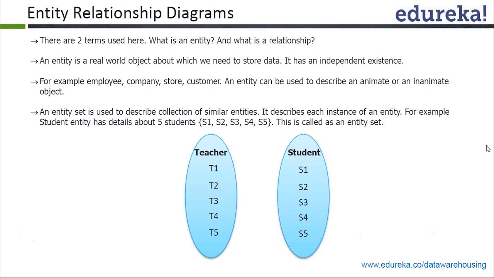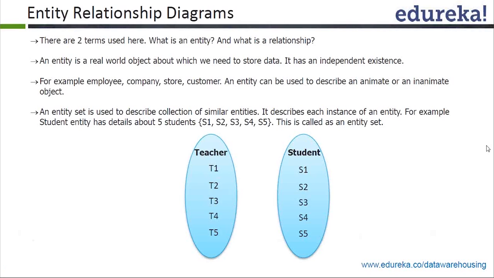So these ER diagrams actually have two pieces of information inside. One is entities and one is the relationship between these entities. So what is an entity? An entity could be any real world object. I would say an entity could be assumed to be a proper noun. So an employee, a company, a store, a customer, or a concept like medication can also be an entity.